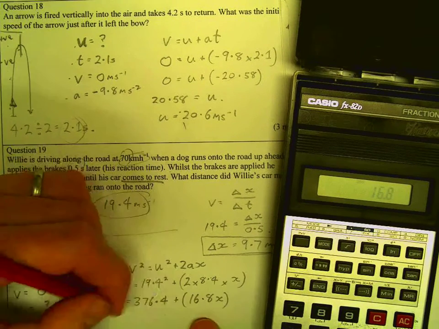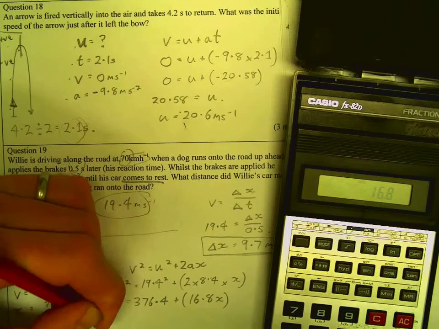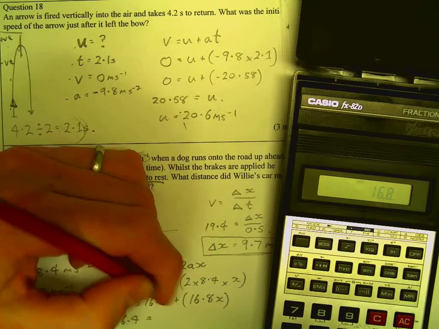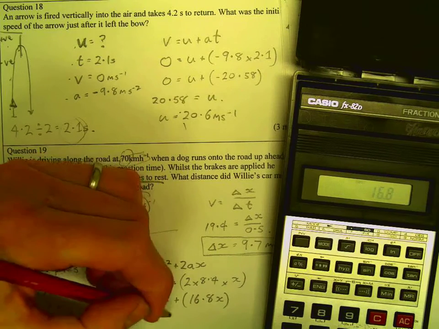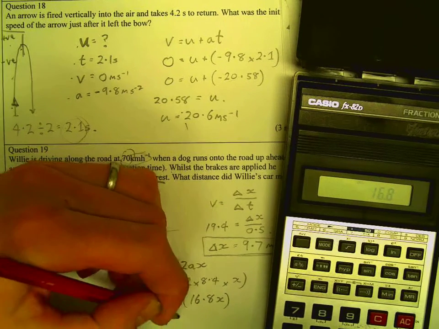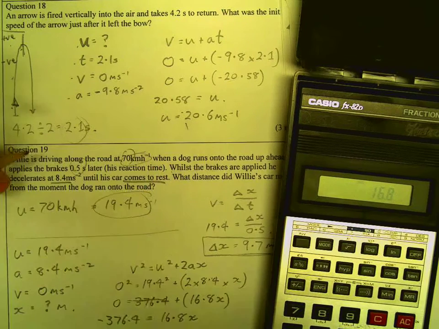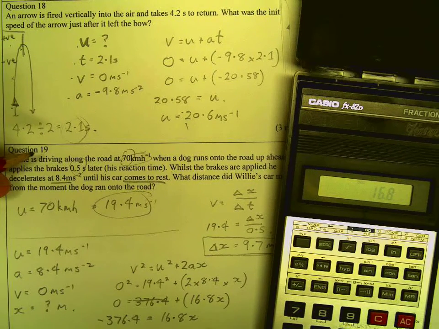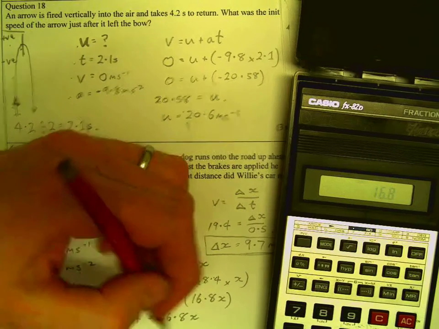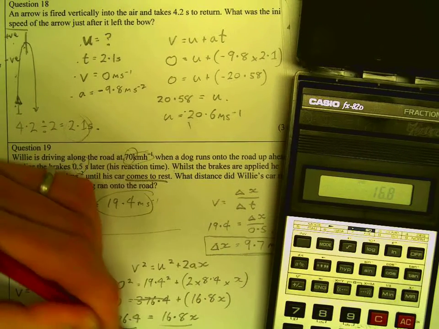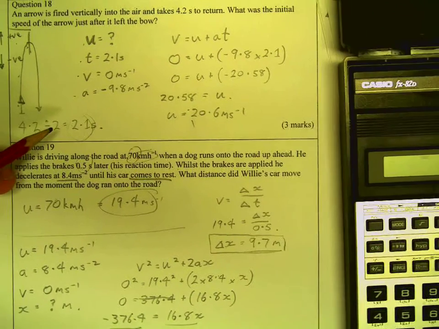Alright, I want to try and get x by itself. Let's subtract 376.4 from both sides. That means this is gone. On the other side we have 16.8x. And then we need to divide by 16.8.